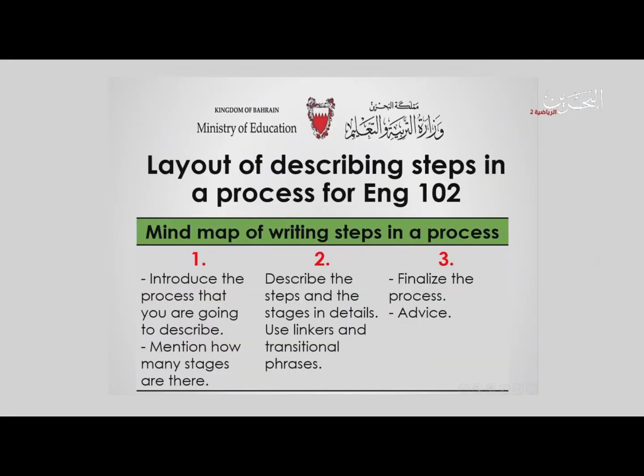And I have to mention how many stages you are going to explain. For example, I can say that there are 6 stages or there are 8 stages. Of course, it depends on the process that you are describing. Moving to the second paragraph, we are going to describe the steps and the stages. Pay attention to this word, in details.